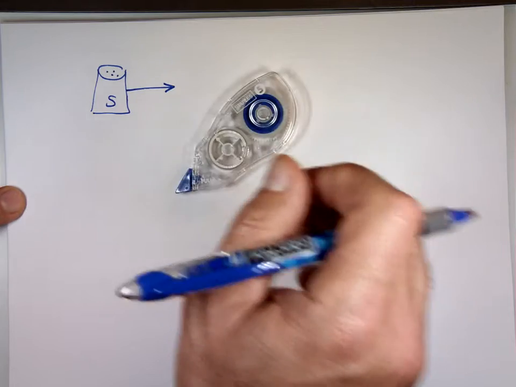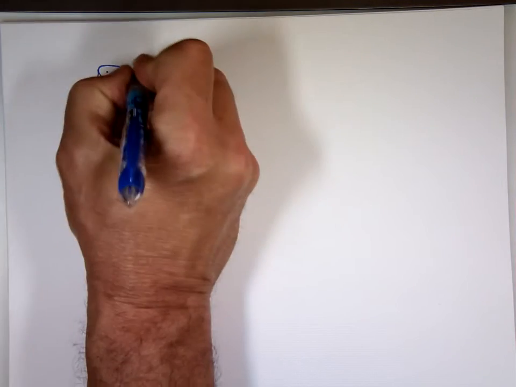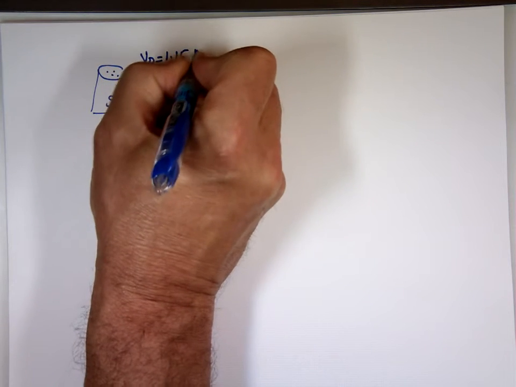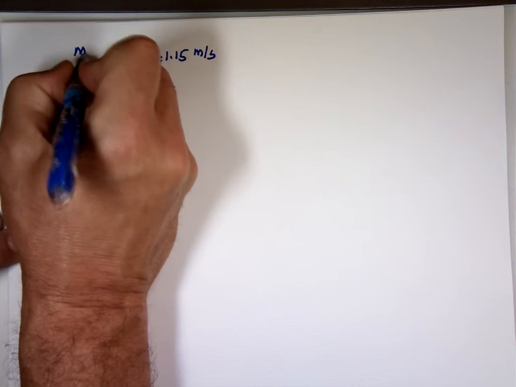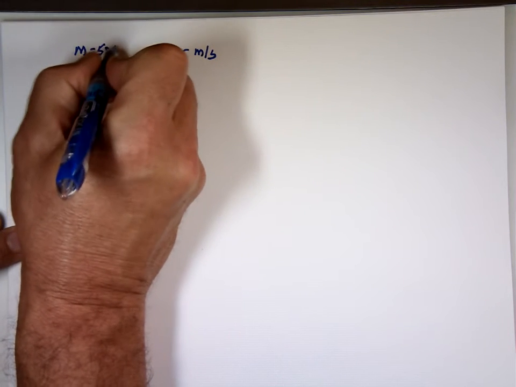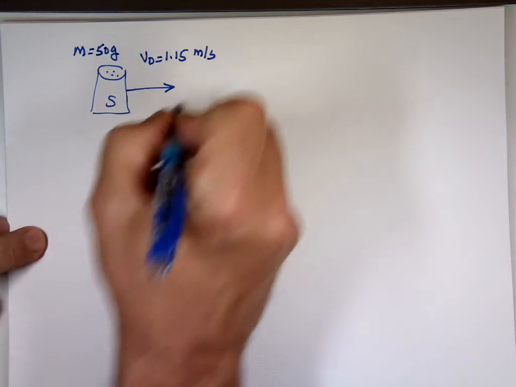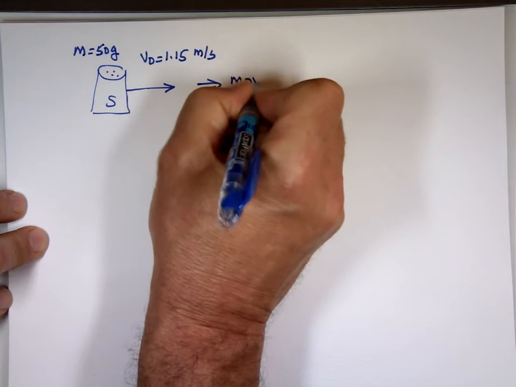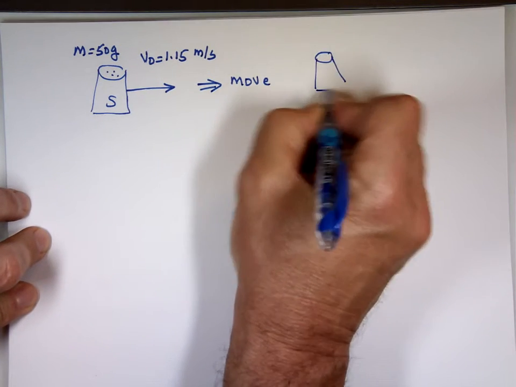So we give it an initial speed of 1.15 meters per second. The mass of this salt shaker is 50 grams. It moved in this direction, and when it gets to the spot, it stops moving.